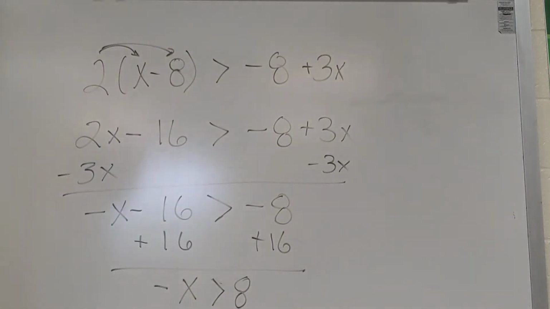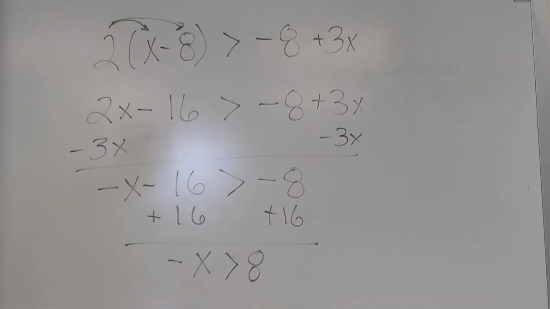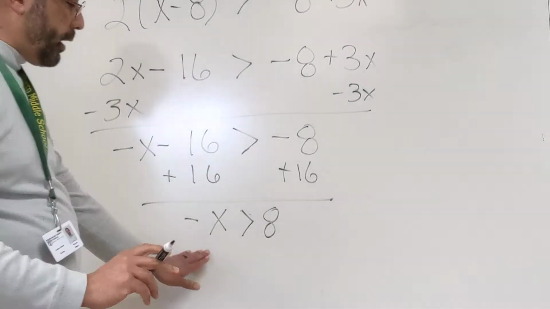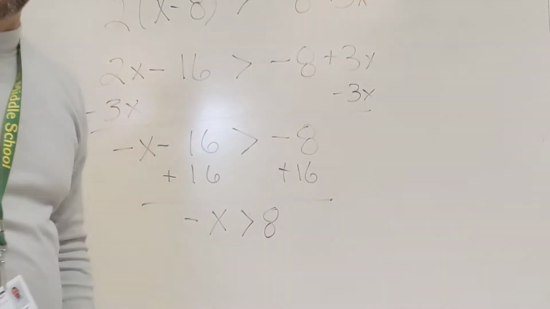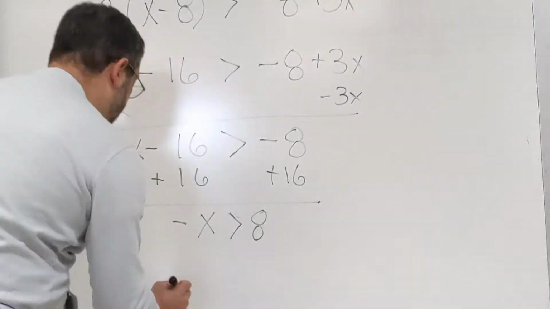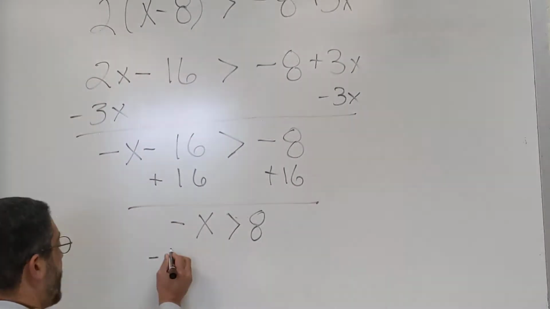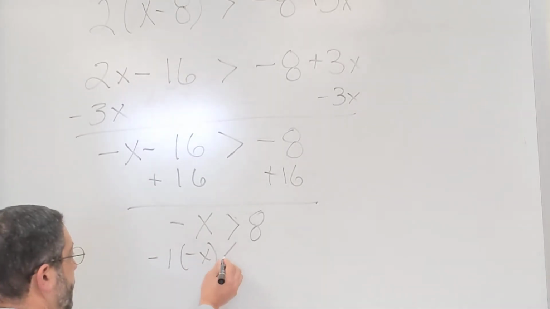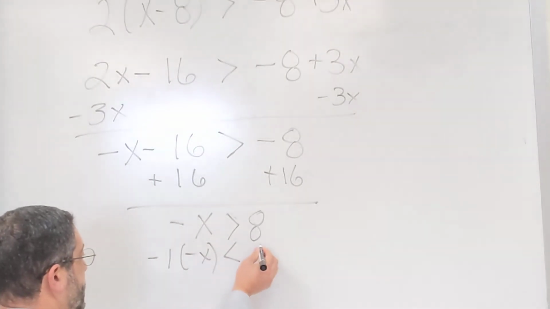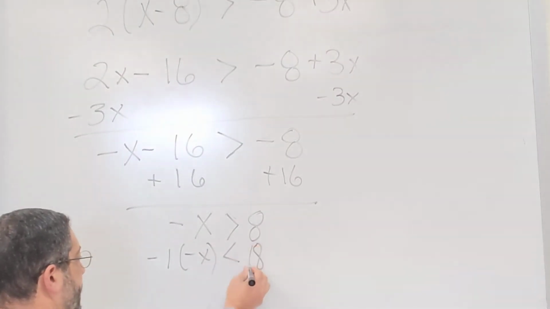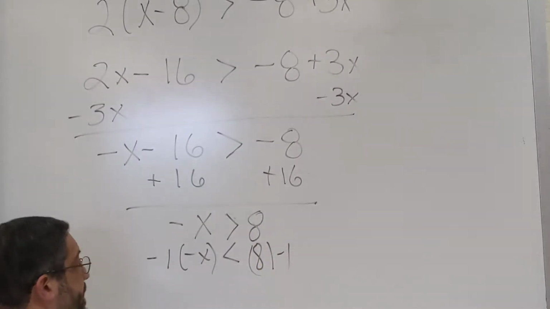Now, here's what we need to remember. I don't want a negative variable. So, the way I get rid of a negative variable is what I do to one side, I have to do to the other, which means I'm going to multiply both sides by negative 1. And so when I do that, since I am multiplying or dividing by a negative, my sign flips.